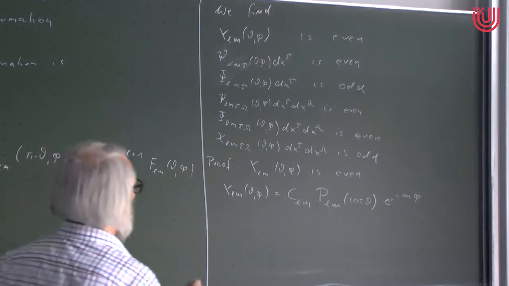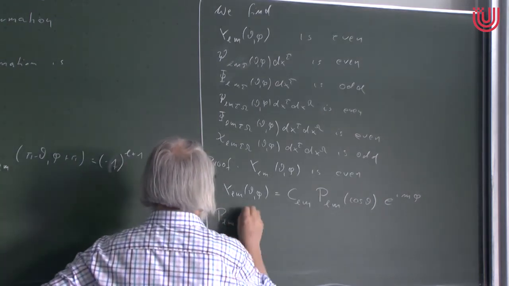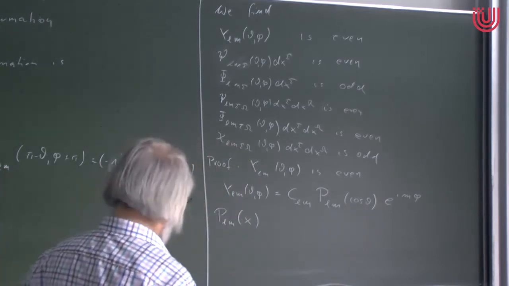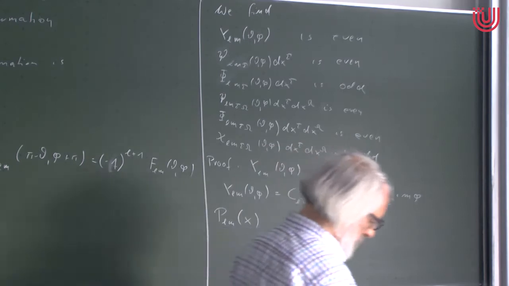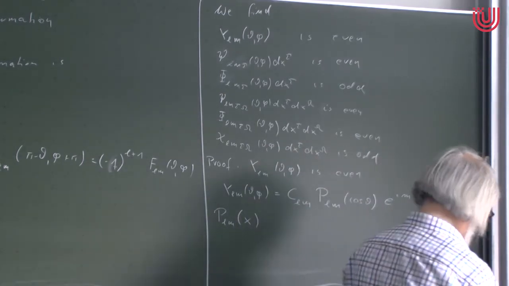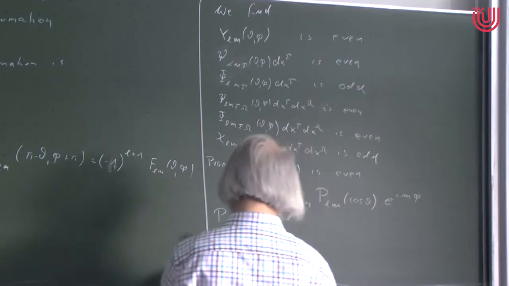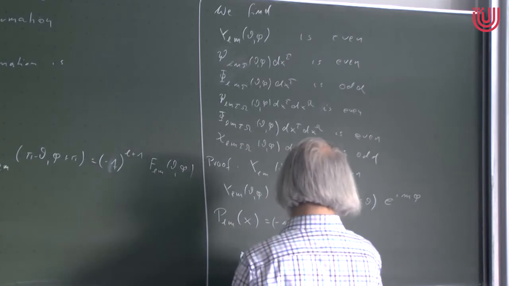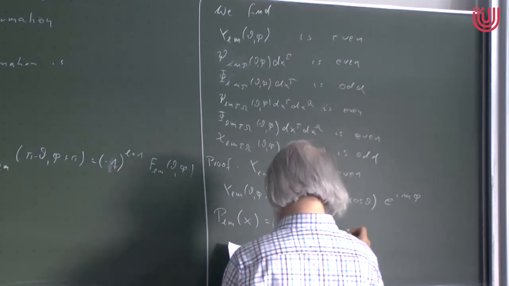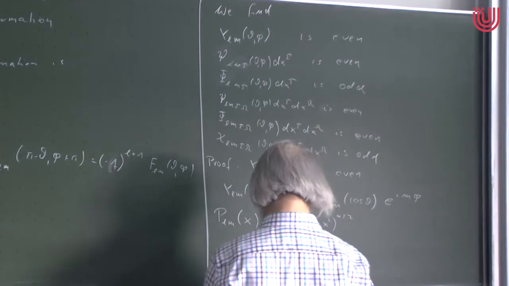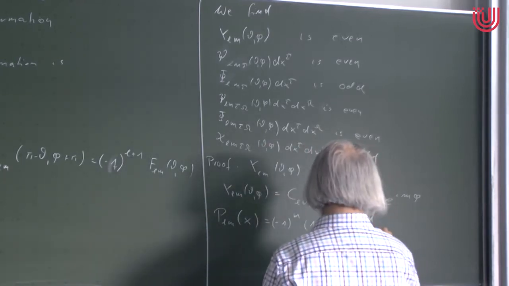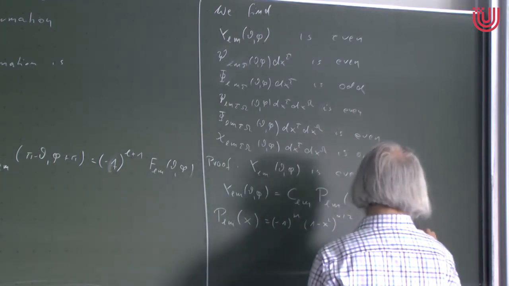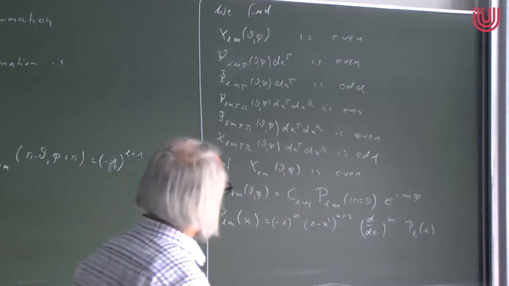And now we have to recall what is P_LM. P_LM of an argument x, that's a real number. In our case, it's cosine of theta. P_LM is (-1) to the m, (1 minus x squared) to the m half, d by dx to the power m, P_L(x). And the P_L(x) are the Legendre polynomials.